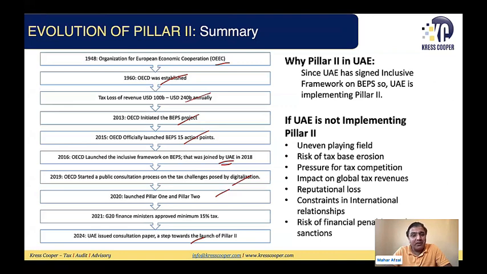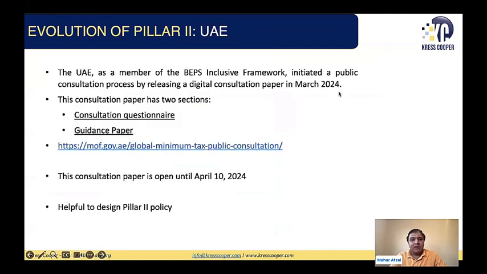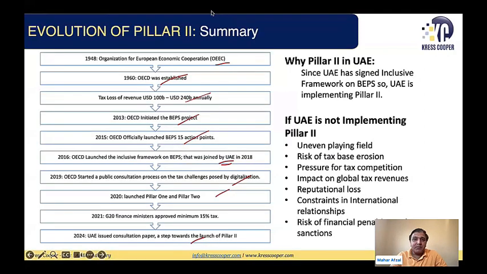There are constraints in the international relationship. So this was the reason. Due to this BEPS was introduced, and this pillar two was introduced. This was the reason that the pillar two was introduced, and why pillar two is in the market. I've already told you the reason as well.